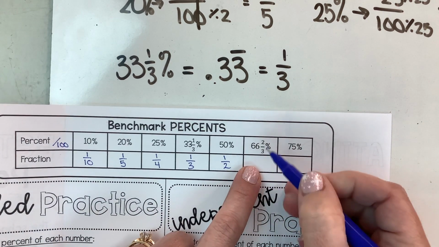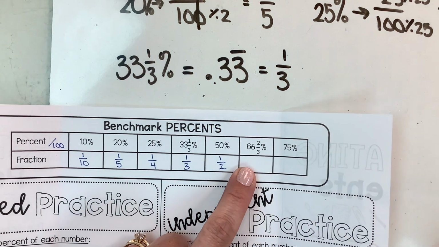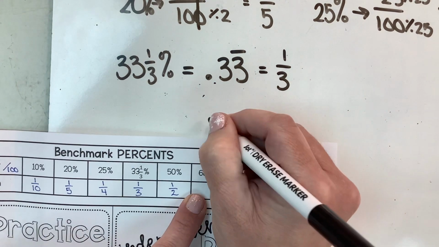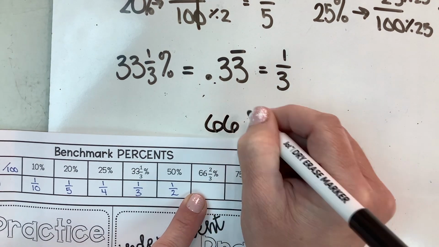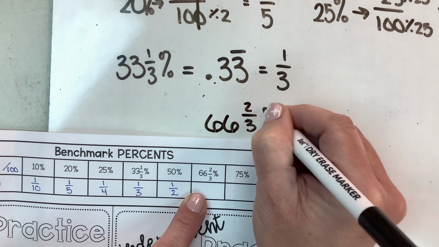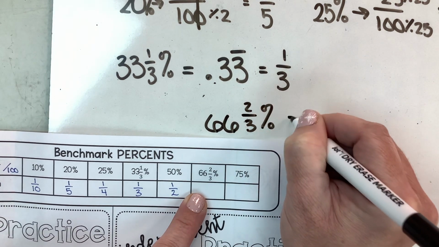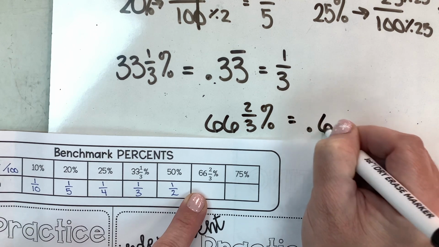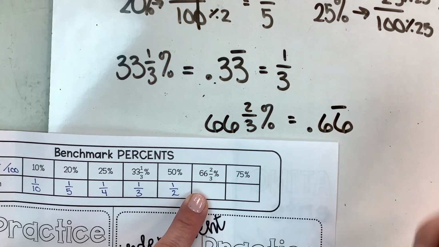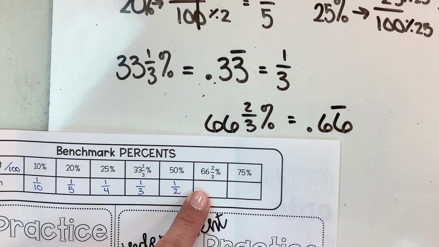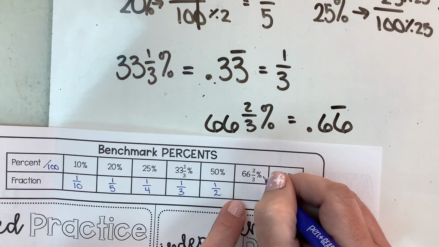Again, 66 2/3%. If you remember, or if you look back in your composition book, we were ordering fractions, I believe, at this time. It's 0.66, and the 6 keeps repeating, and that is 2/3.